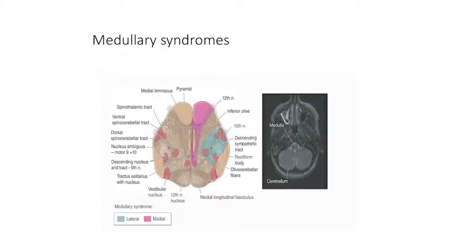Then the pyramids, so they'll have contralateral paralysis of the arm and leg, and impaired tactile sense and proprioception in one half of the body. So that is medial medullary, but most of the time we pay more attention to the lateral medullary syndrome because it has more. If you look at this, then you will see why they get what they get.